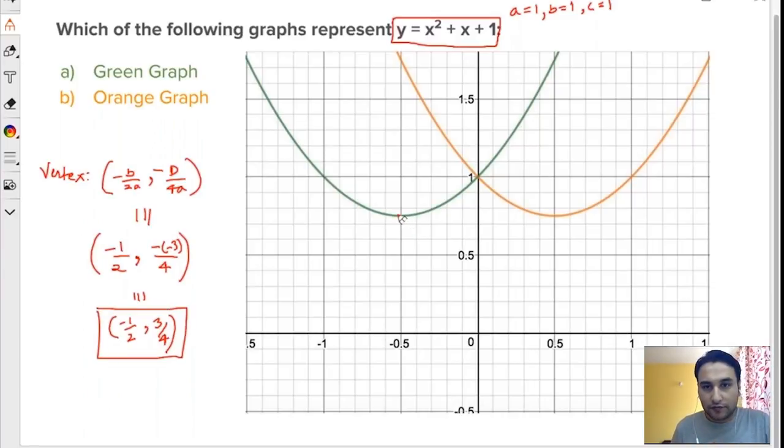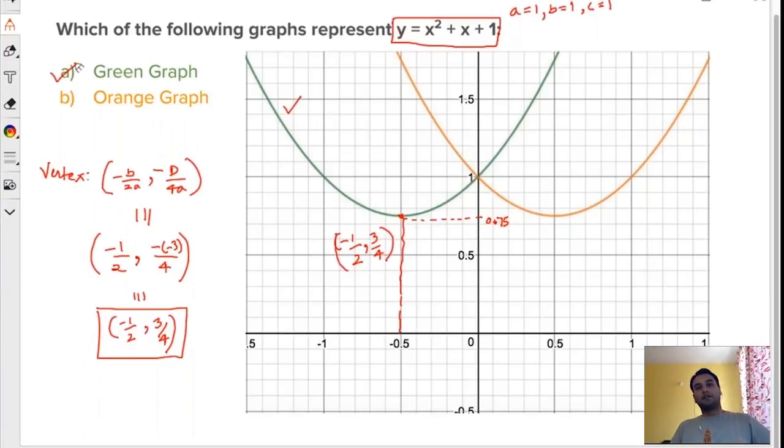Minus half, comma, 3 by 4. So the green one is the graph. Okay, this is the correct answer. And the graph will face up because A is positive.